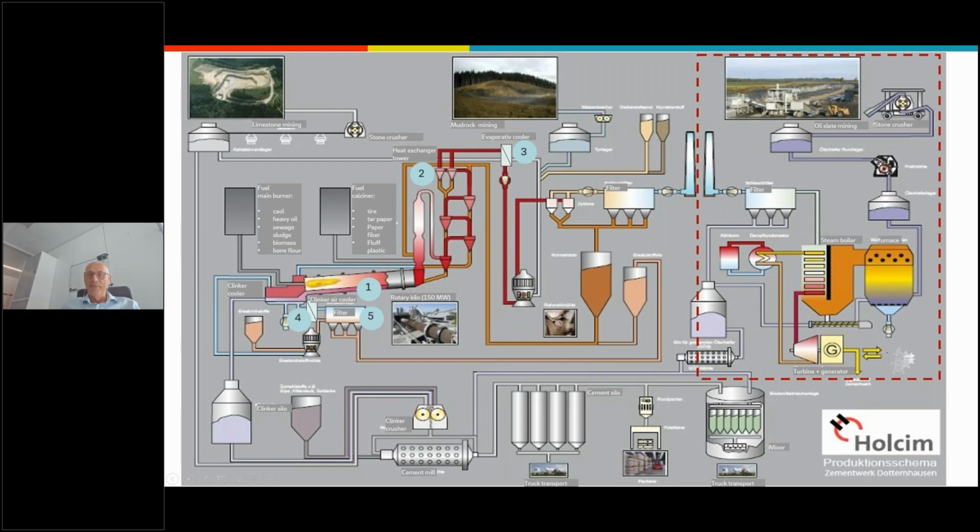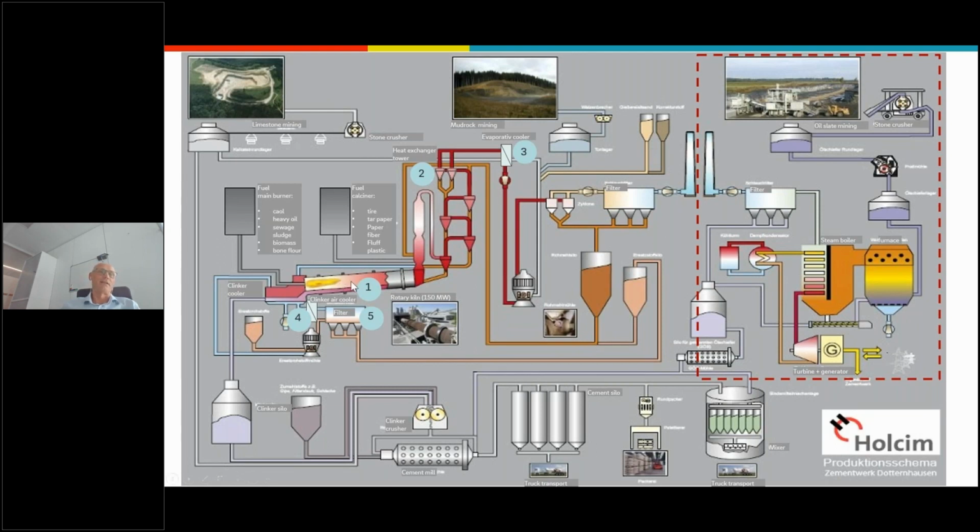In the middle, with the number 1, you can see the rotary kiln. That is the central element in the cement production, because the materials have to go through this rotary kiln. It is a big kiln with a diameter of 5 meters, which rotates.